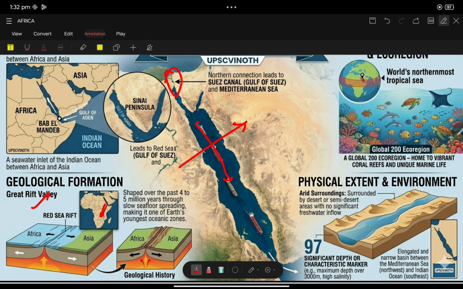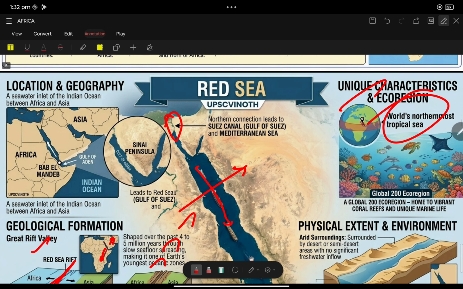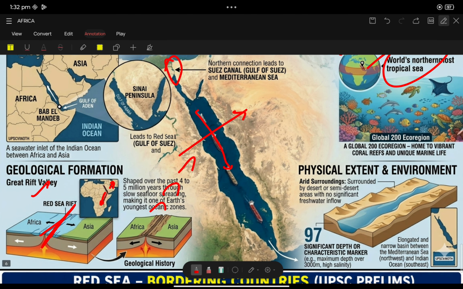It has been shaped over 4 to 5 million years through slow seafloor spreading, with young oceanic crust. Ecoregion-wise, it is the world's northernmost tropical sea, a globally important ecoregion and home to vibrant coral reefs.